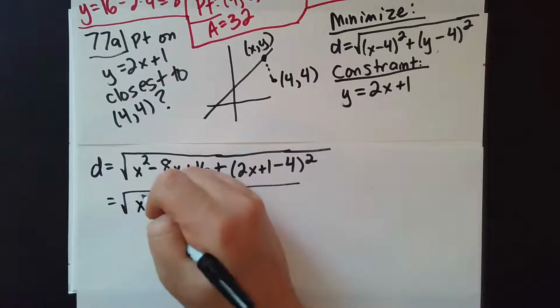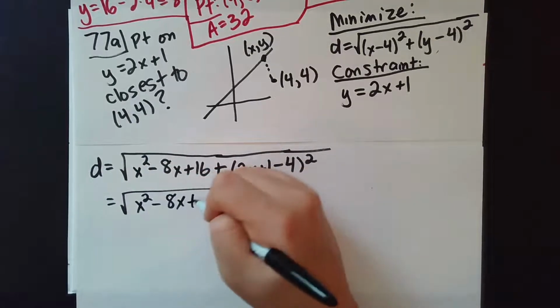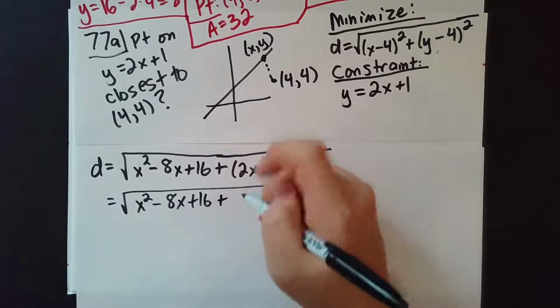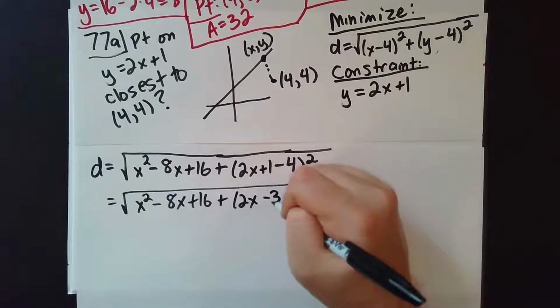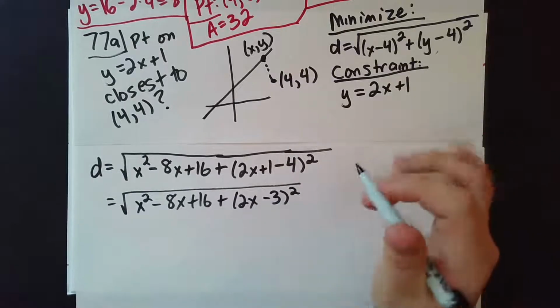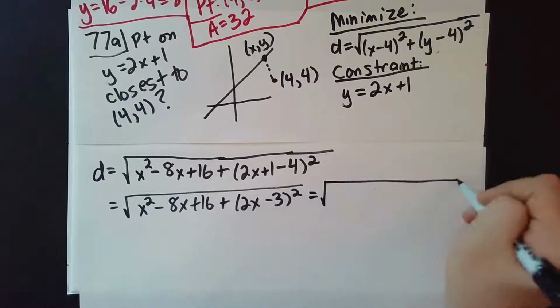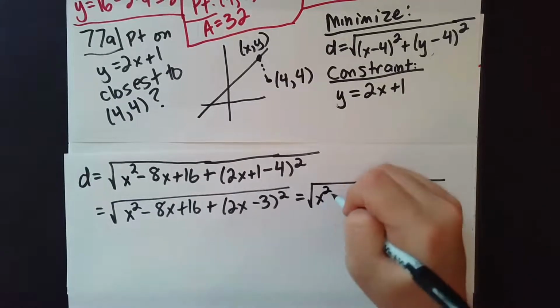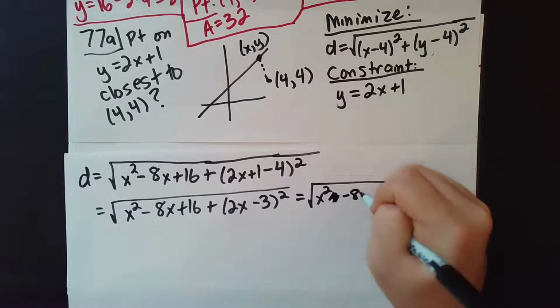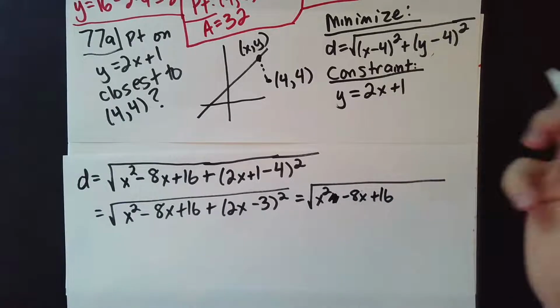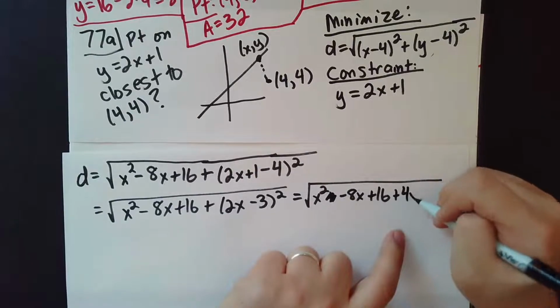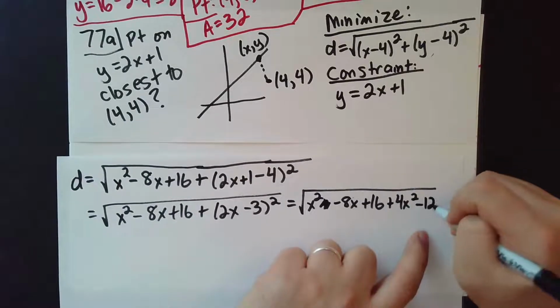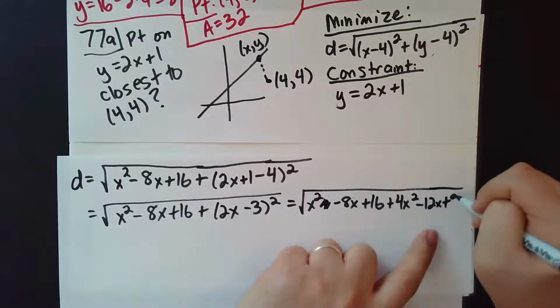This is the same thing as x squared minus 8x plus 16 plus 2x minus 3 squared. Let's continue foiling. So that's plus 4x squared minus 12x plus 9.